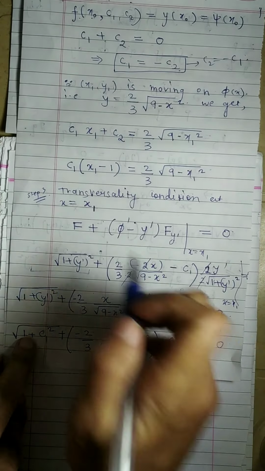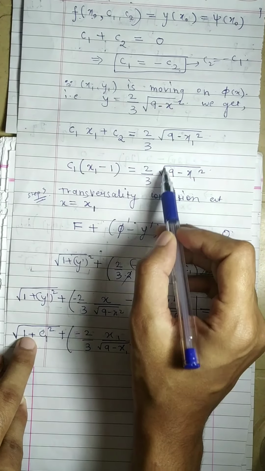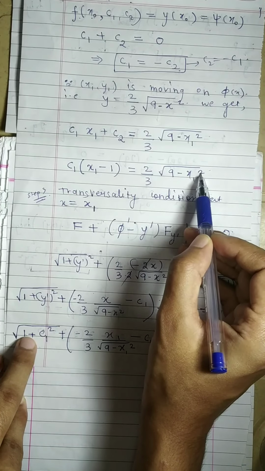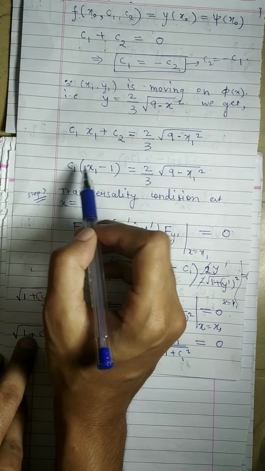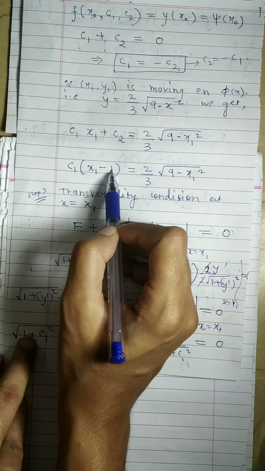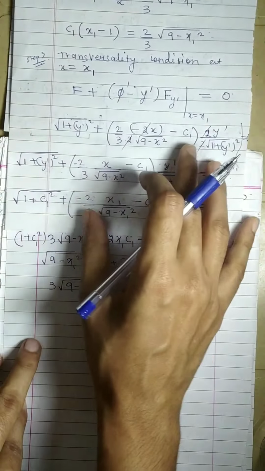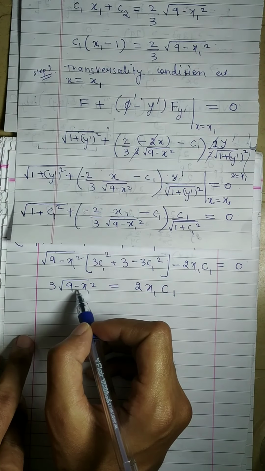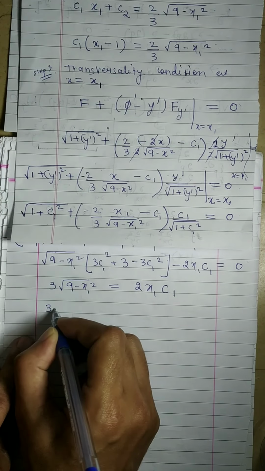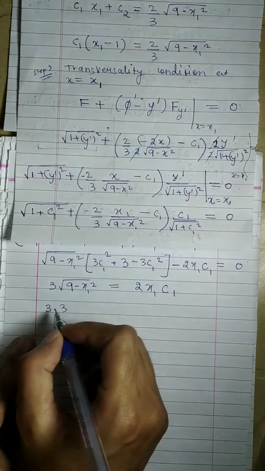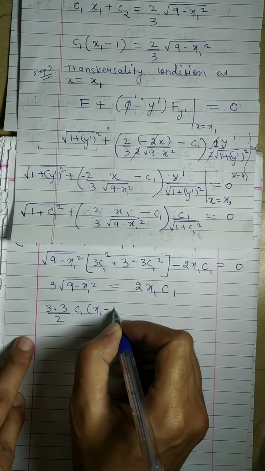But clearly from here in step 2 we have seen that root of 9 minus x1 square is equal to 3 by 2 times c1 into x1 minus 1. So I will substitute this in the equation. Okay, so root of 9 minus x1 square I will write it as 3 by 2 into c1 x1 minus 1.